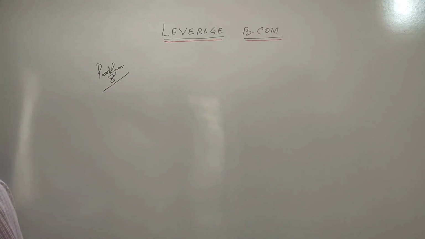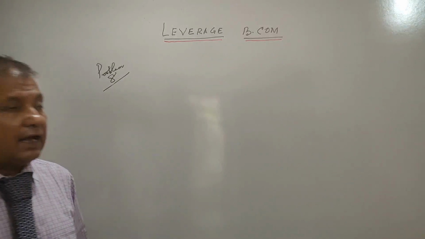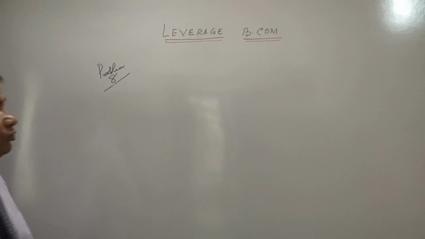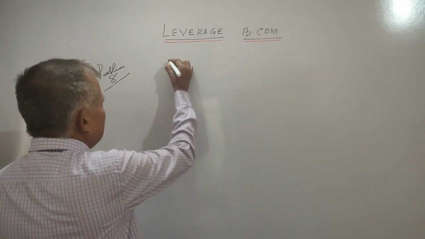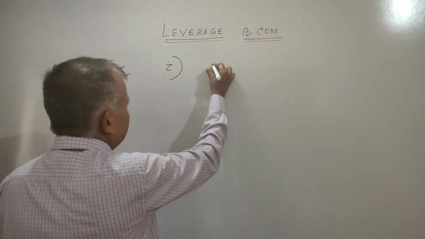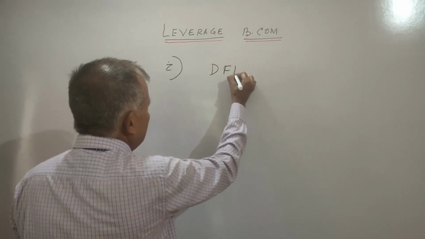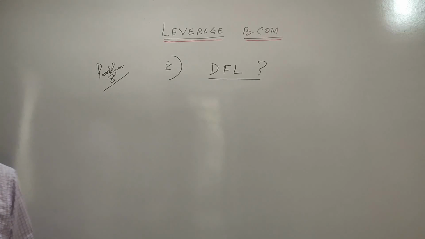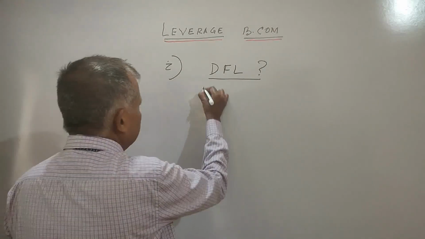We will go through the problem step by step. First of all, we all know the first one, we have to find out degree of financial leverage. How to find out? They have given you the DCL.